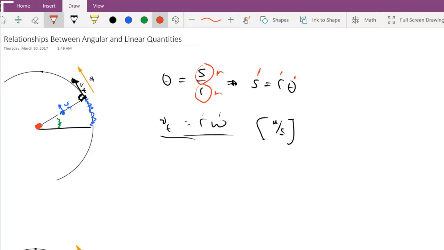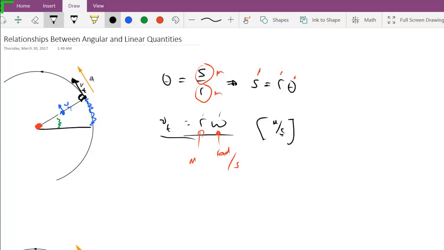So the units of the radius would be in meters, and the units of the angular velocity would be in radians per second. This only works if we have it in radians per second, by the way. And so this is going to be meters per second.